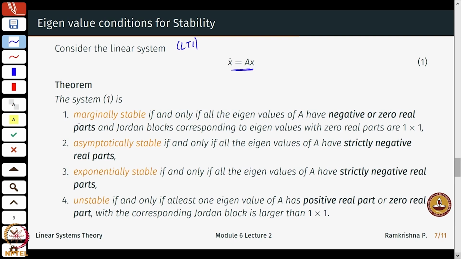So the system is marginally stable if and only if, so it works both ways, all eigenvalues of A have negative or 0 real parts. So it has very much to do with the poles. If the poles are here, the eigenvalues are here, here and here, this is all stable. And not only this, this 0 real part comes with one more condition, that all Jordan blocks corresponding to the eigenvalues with 0 real parts are 1 cross 1.